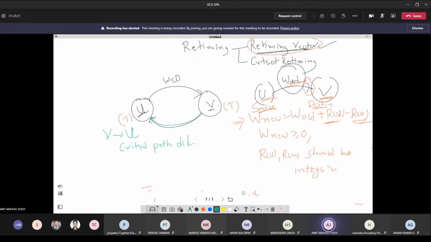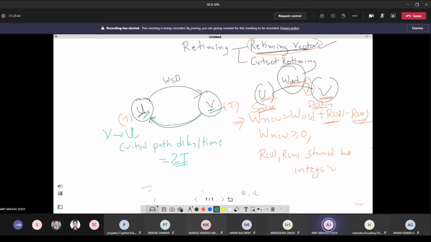Critical path delay or critical path time, both terms are the same. It is 2t, very good. This requires t time and then it passes the data to this unit, which requires t time. So my critical path time is 2t.